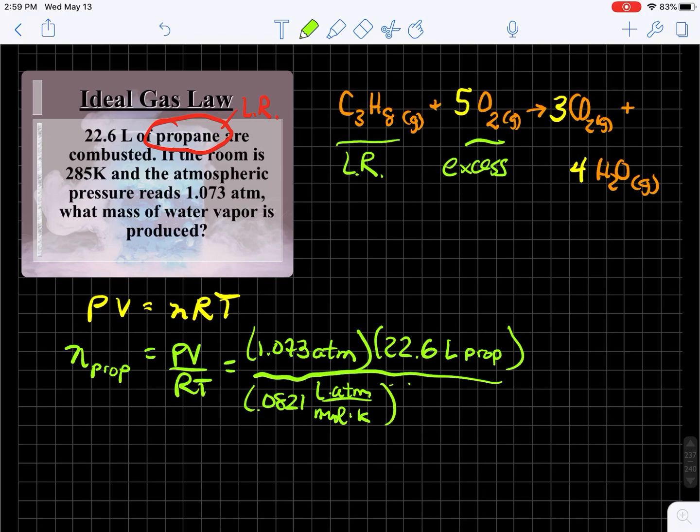And the temperature is given at 285 K. All right, so when I do that calculation, I get 1.073 times 22.6 divided by 0.0821 divided by 285. I get 1.04 moles of propane. Okay, so I'm off to a good start.